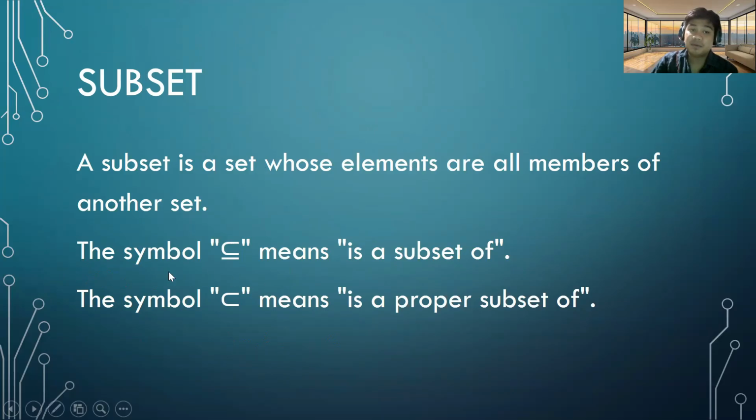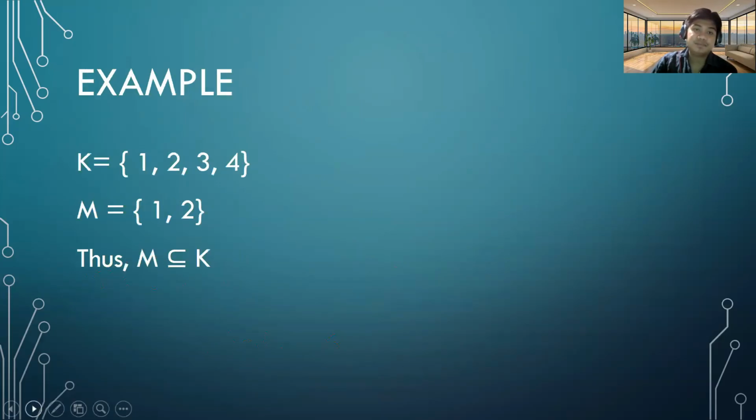So here are the symbols. We can use this particular symbol to denote subset, and this one without the equal sign below means it is a proper subset. I will teach you how to use those. So we have here an example.